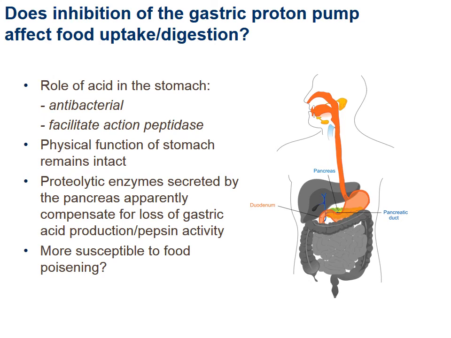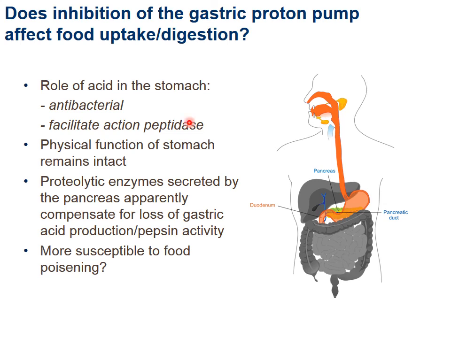So finally, I would like to discuss briefly the effect of the use of proton pump inhibitors on the food digestion. So the role of acid in the stomach is twofold. One, it has an antibacterial role, and secondly, it facilitates the activity of the peptidase enzyme that plays a role in the breakdown of proteins.